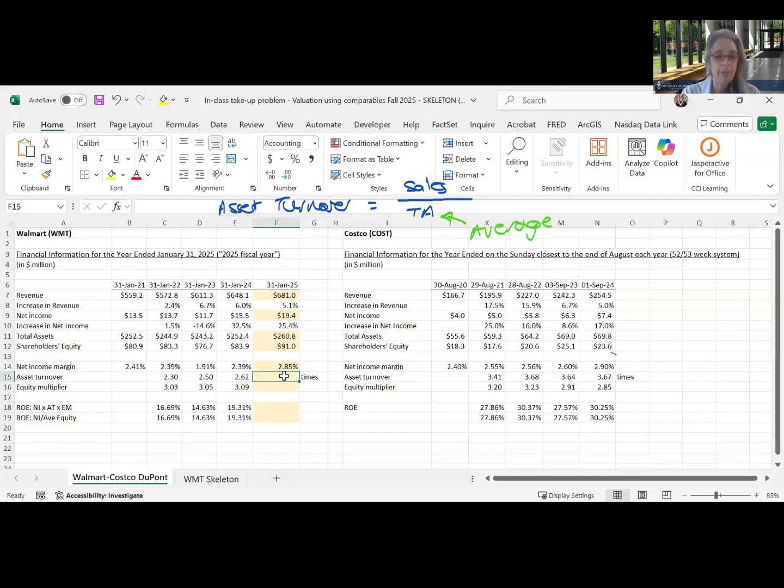So asset turnover would be sales divided by my average total assets. So we need 2 brackets there. So it's this year plus last year, close bracket, divided by 2, is 2.65 times.